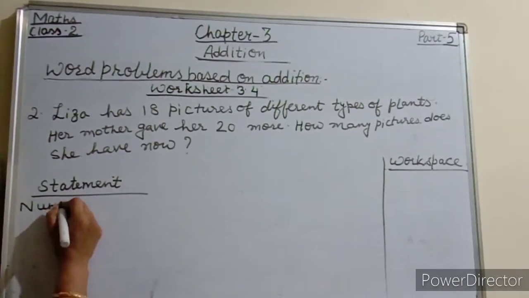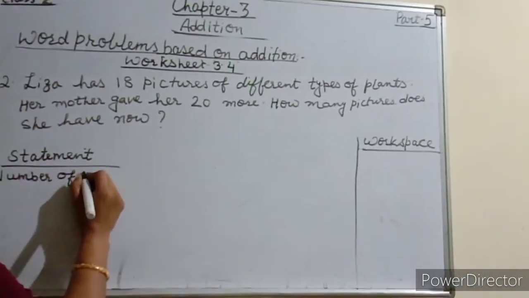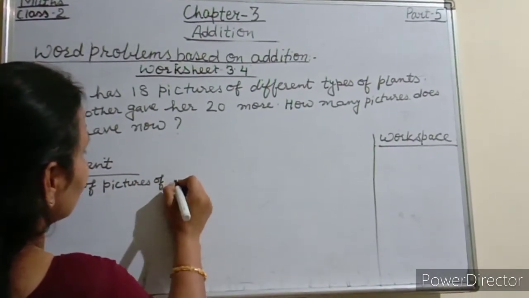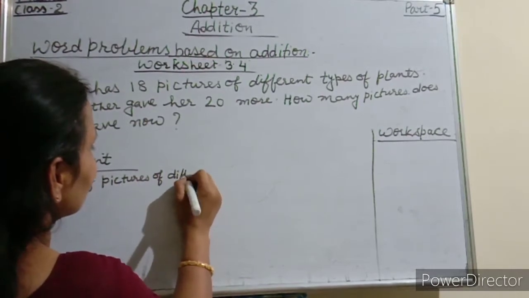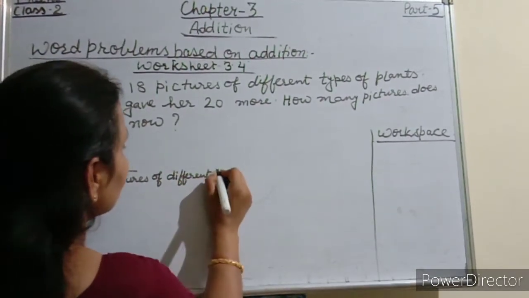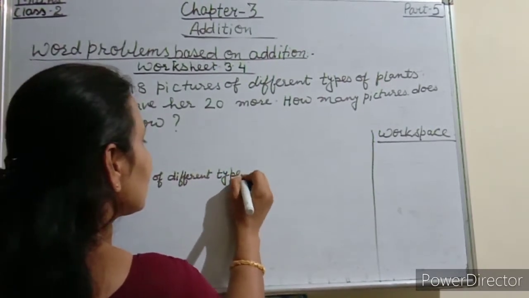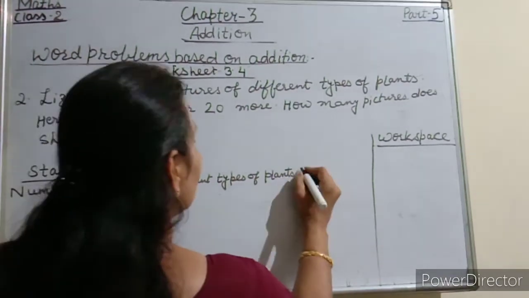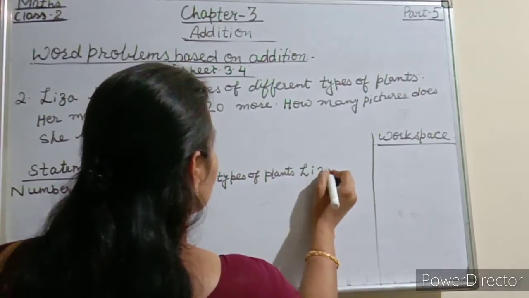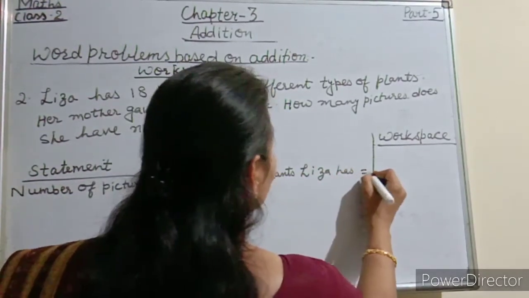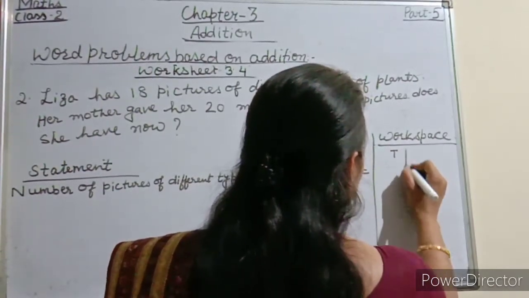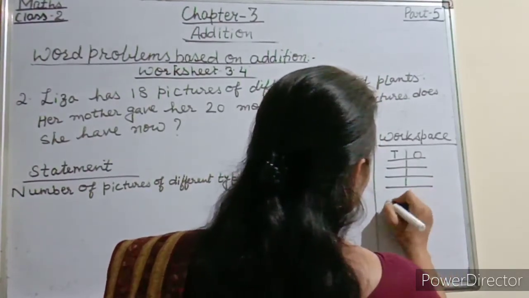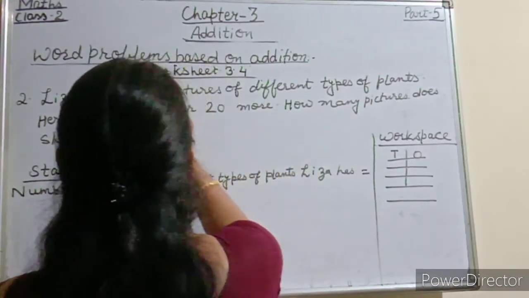Number of pictures of different types of plants Lisa has is equals to, how many? 18.